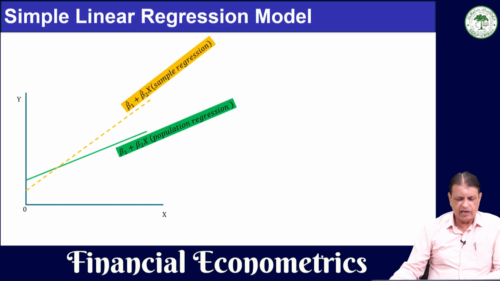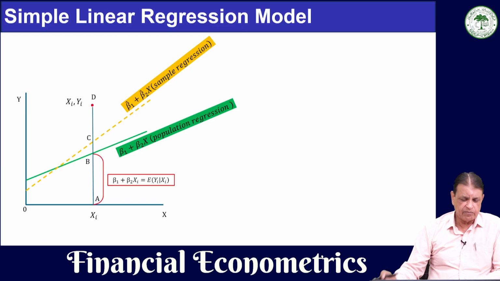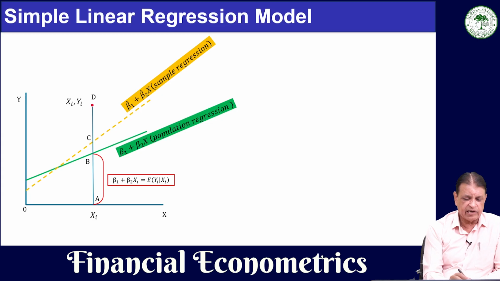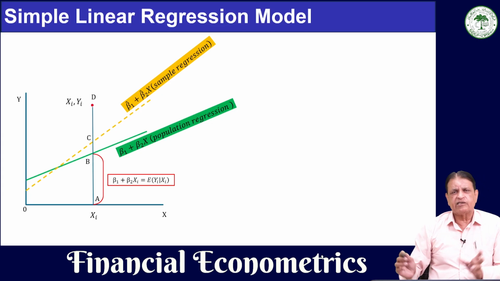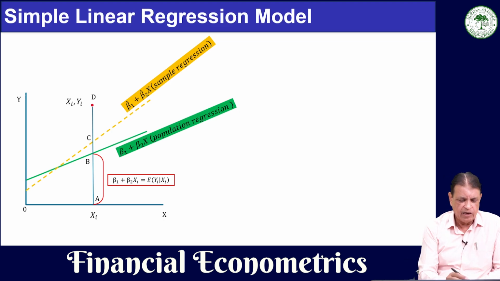So what we have done here is put the population regression function and sample regression function together, just for the sake of comparison, so that the concept is crystal clear.